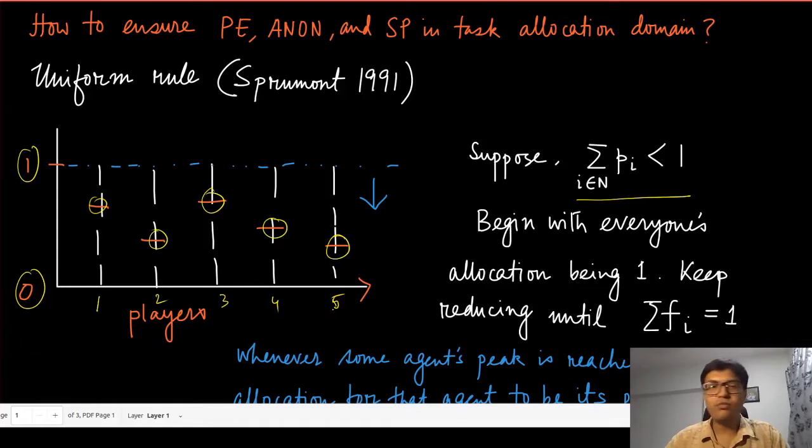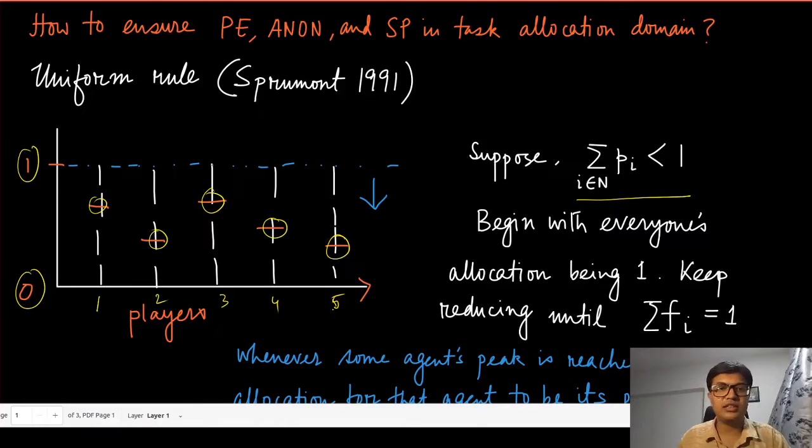Now the uniform rule starts with the allocation of 1 for all the agents. So this is something like a thread or a water level that you have given to all the agents. Of course, this is not feasible because now you have n amount of work where you can only allocate 1 amount of work. So the water level now keeps on coming down.